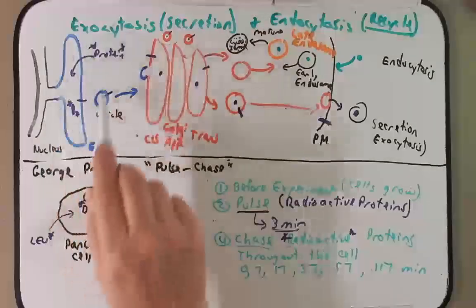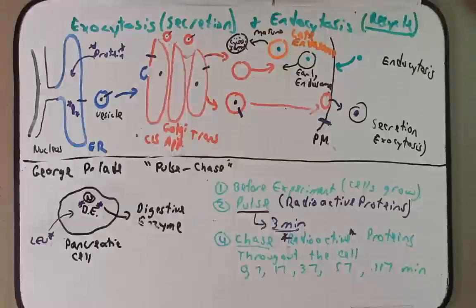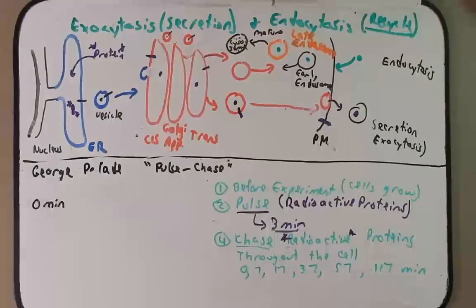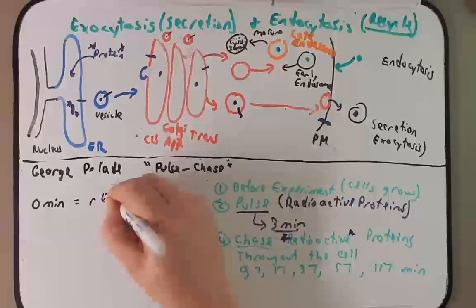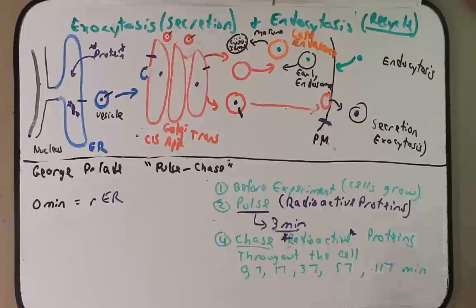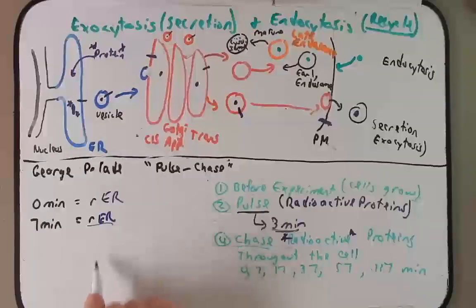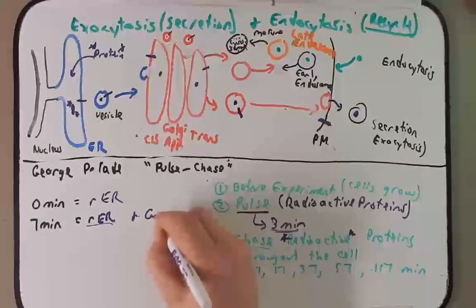So it's only these proteins made in this first 3 minutes, only those proteins will be radioactive. So at 0 minutes, all the radioactivity was in the rough ER. Okay, they let the time go a little bit longer, and they looked at 7 minutes. And at 7 minutes, what they discovered was about half of it was in the rough ER, and about half of it was in the Golgi.